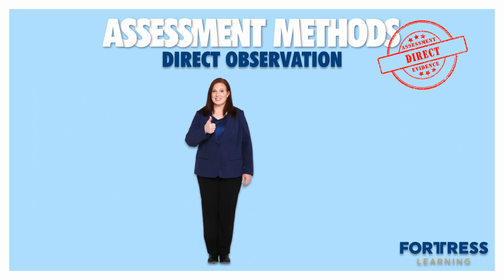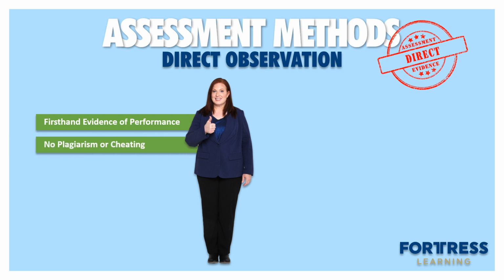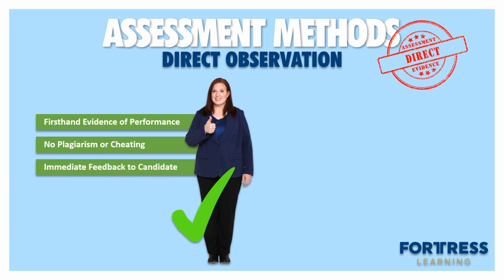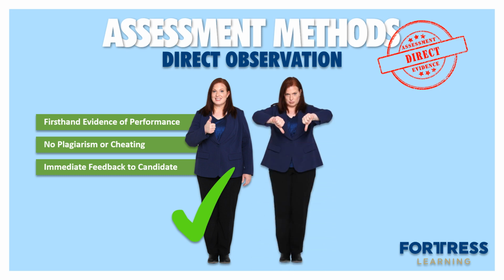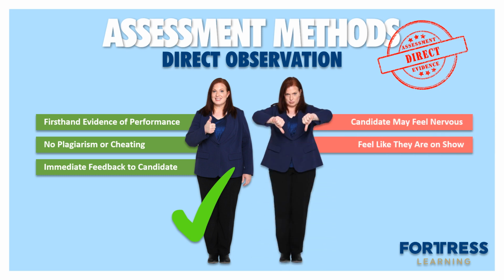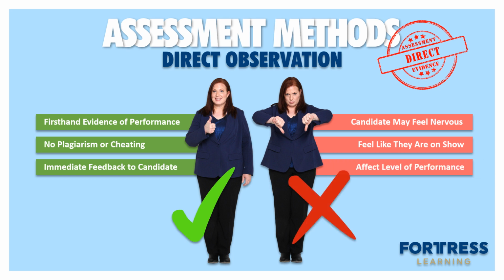The benefits of this method are that the assessor can see firsthand if the candidate can or cannot competently perform the skills. There's also little or no possibility of plagiarism or cheating, and the candidate can generally receive immediate feedback about their performance. The downside is that the candidate may feel nervous or that they've been put on show, which could potentially affect their performance.